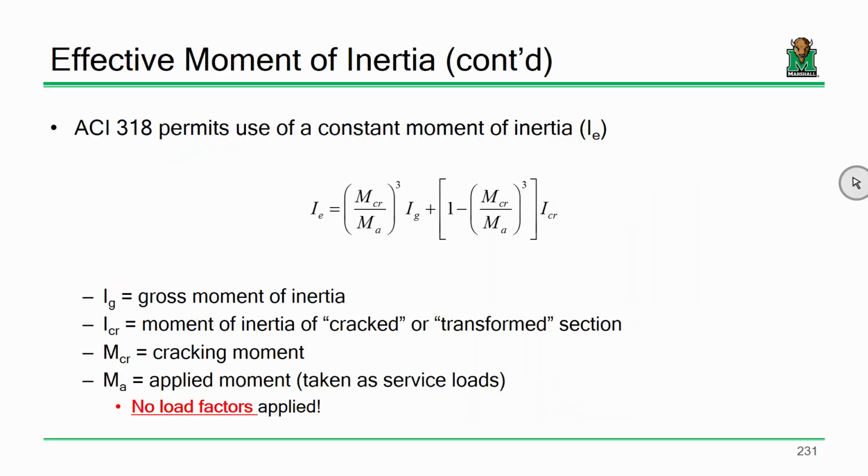We use an effective moment of inertia, which is somewhere in between. If you've got an 8,000 inches to the fourth gross moment of inertia and about a 4,000 cracked moment of inertia, the one you actually use for deflection is probably somewhere in between. And you compute that using the following expression. The big thing is your applied moment, no load factors. Okay? That's complication number one, but it's actually pretty simple.